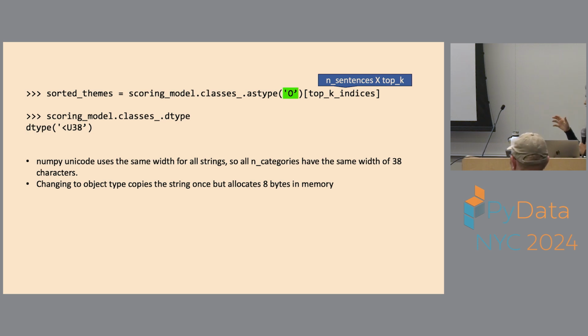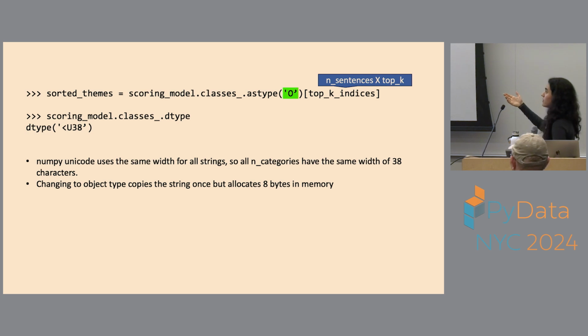NumPy, by default, keeps all elements in a NumPy array in the same type, and it requires that they be of the same width. The longest class, the longest theme that I had in my scoring model, was 38 characters long. And so NumPy, because it's monomorphic, kept all of those at a length of 38 characters.